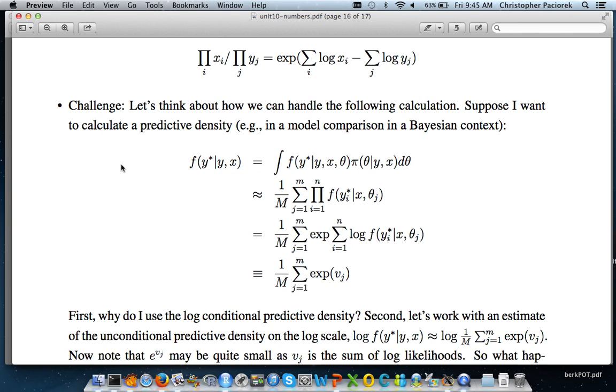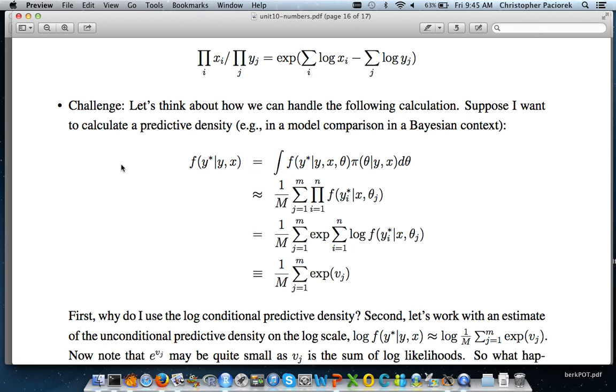So this is, say, f of y1 star. If I get enough of these, let's just make this easy, say this is 1 times 10 to the minus 2. It doesn't take very many of these to get to less than 1 times 10 to the minus 308.